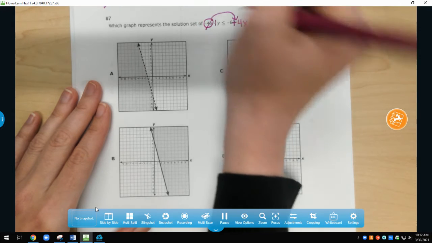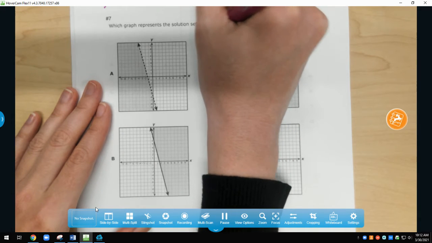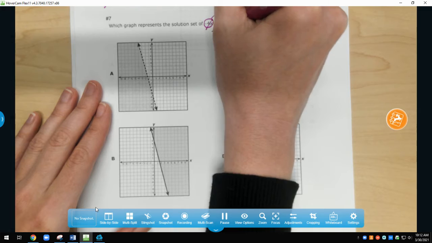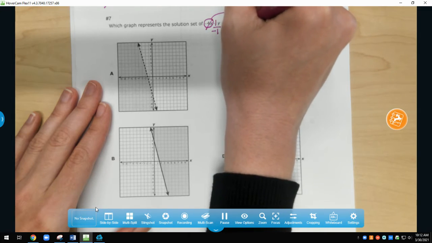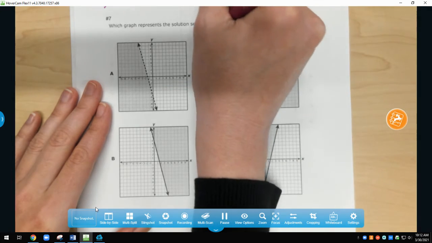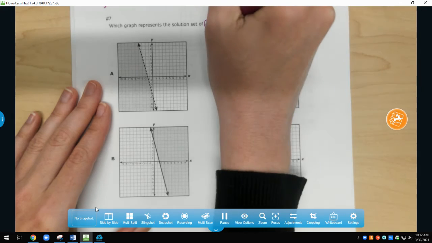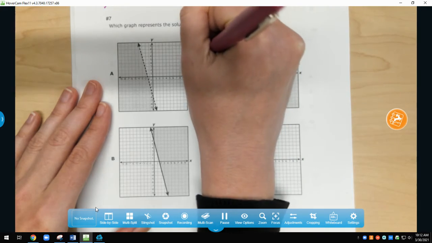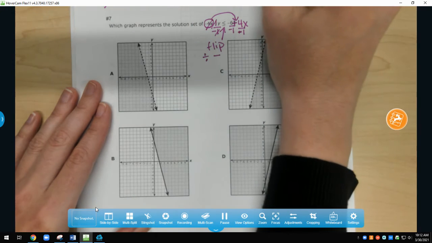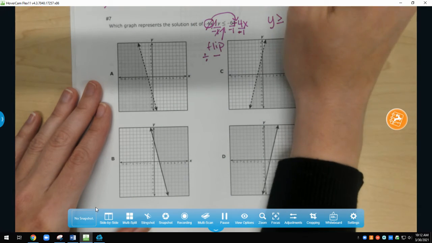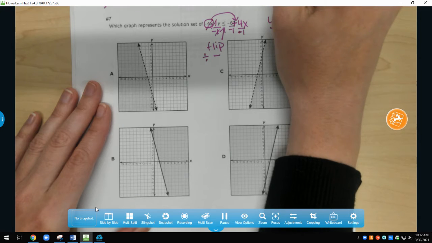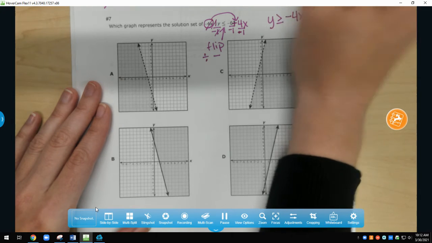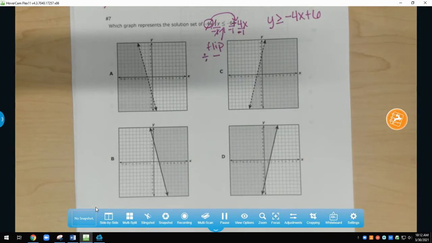Then I have a negative 1y, so I need to divide by negative 1. So I have y. Then we flip because we divided by a negative, so it's going to be greater than or equal to negative 4x plus 6.